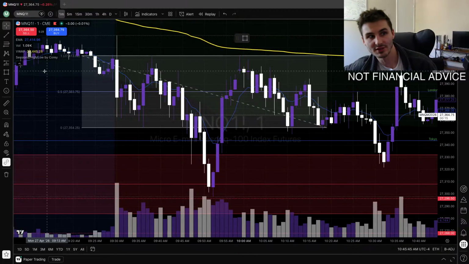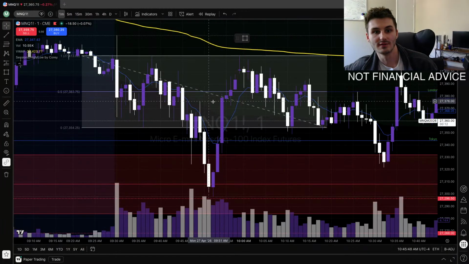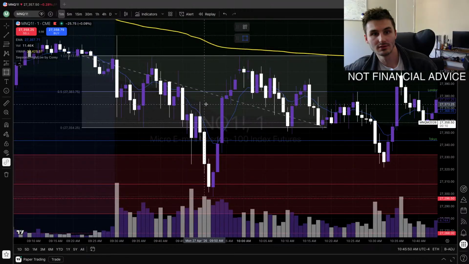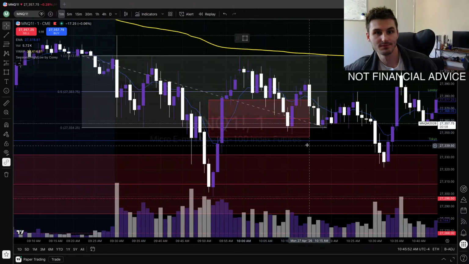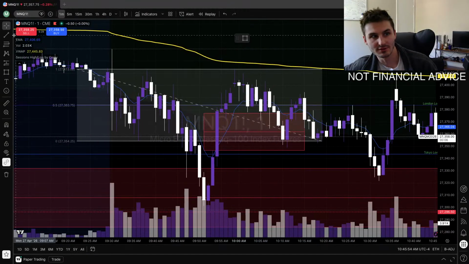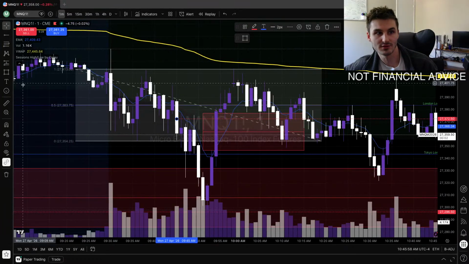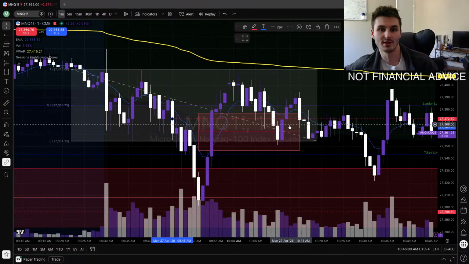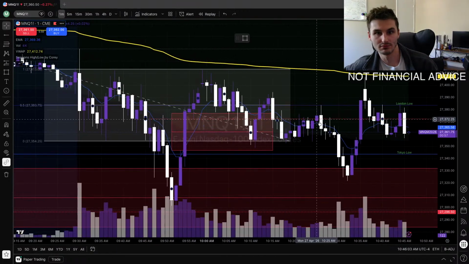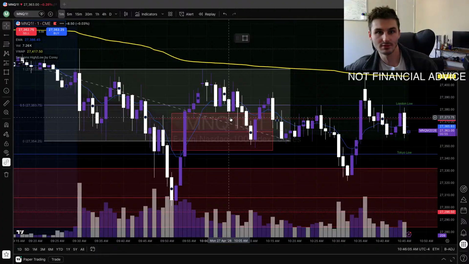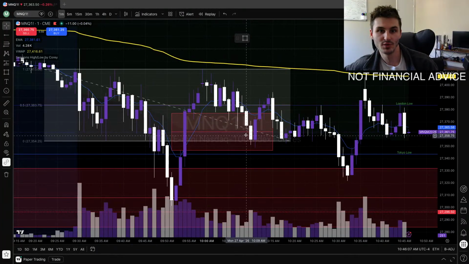I missed that first entry. So then I found this gap right here. I waited till we took out this internal liquidity. Right here, that was my entry, but we chopped around for literally 30 minutes. It was good entry, good movement, good volume.